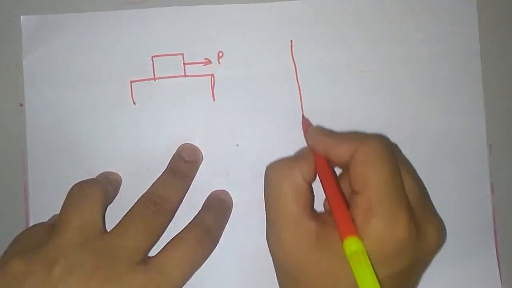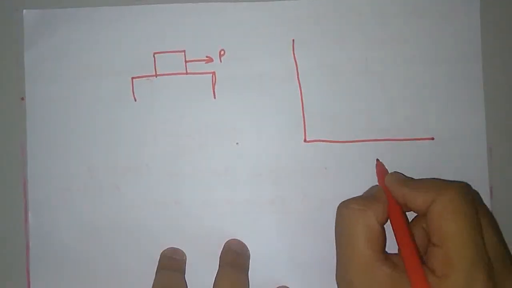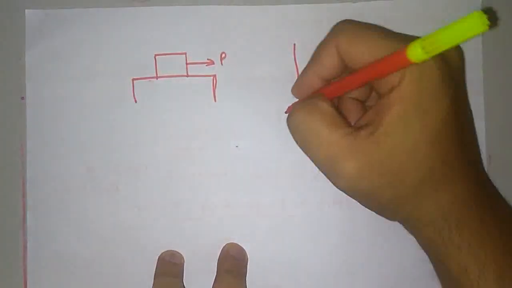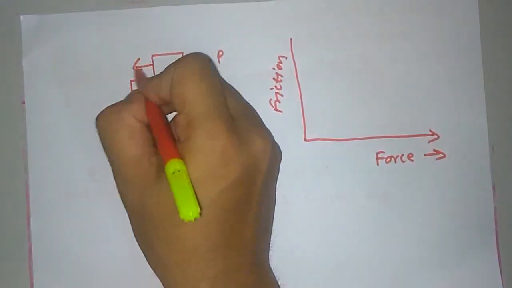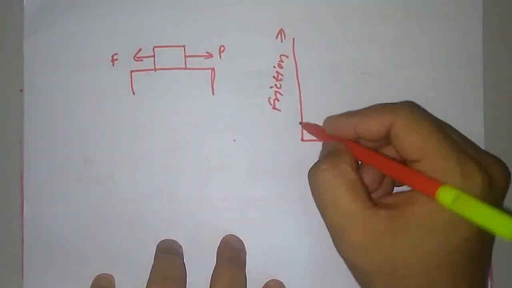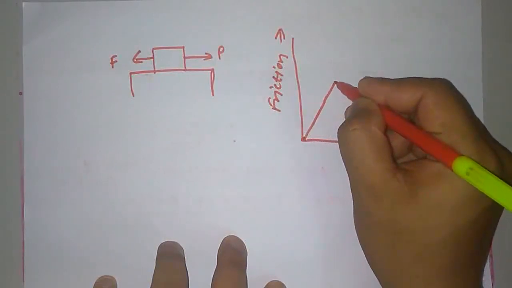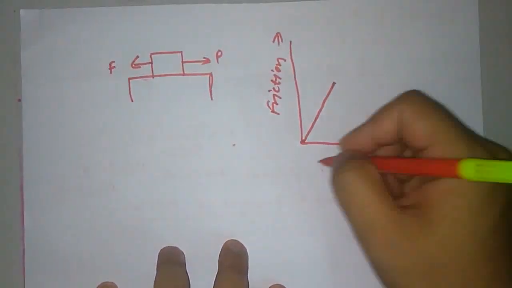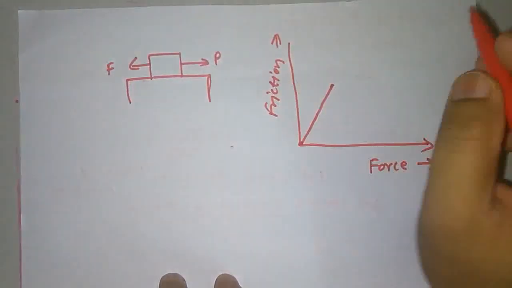If you try to visualize this concept, suppose this is the force we are applying on the x-axis, and this is the frictional force. As we start to increase the force, the frictional force also increases, as it has the capability to adjust its magnitude. So as we increase the force, the friction increases.